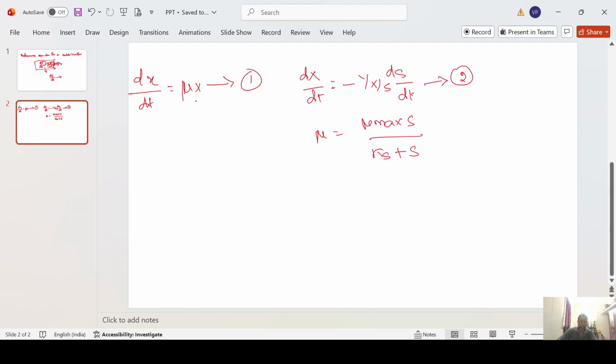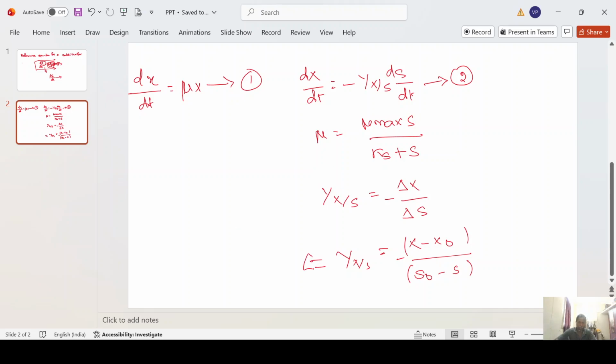Then we need to substitute the model for the biomass. The model for the biomass is arrived at from the yield coefficient: yx by s is equal to minus delta x by delta s, that means x minus x naught whole divided by s naught minus s, with the minus sign, is equal to yx by s.